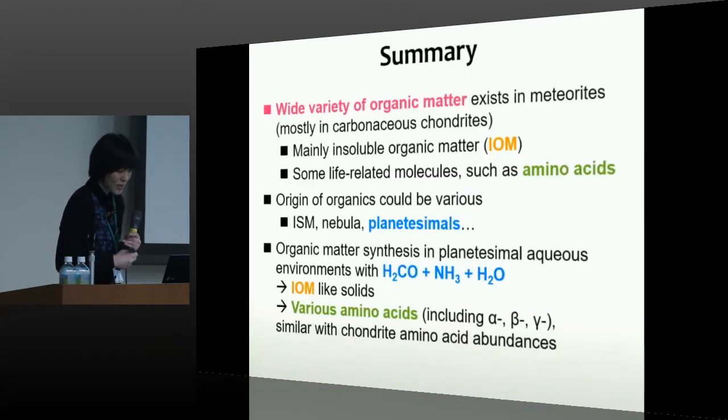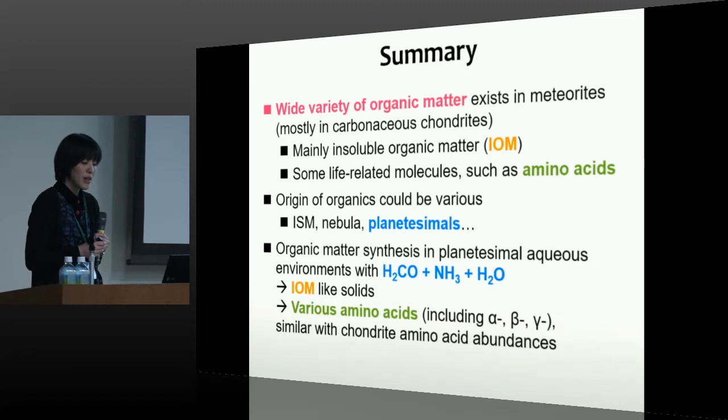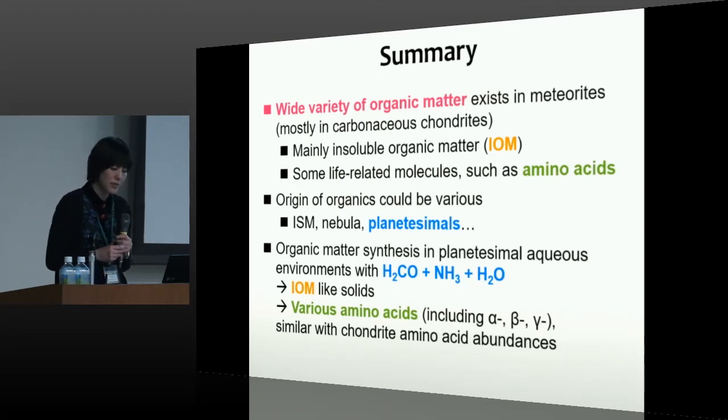Okay, so in summary, a very wide variety of organic matter exists in meteorites, mostly in primitive carbonaceous chondrites, mainly in the form of insoluble organic matter, and some also contain amino acids. The origin of this organic matter can be various.